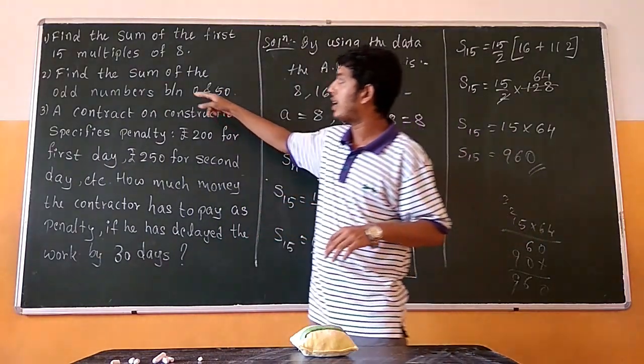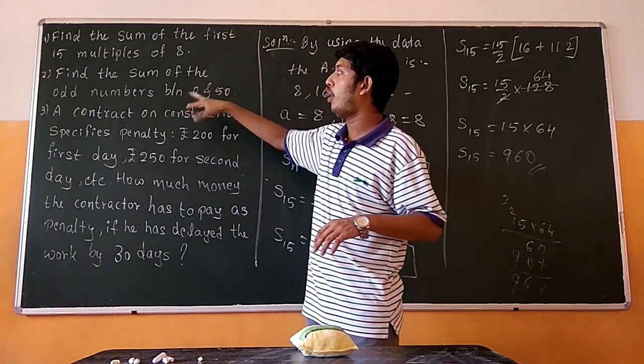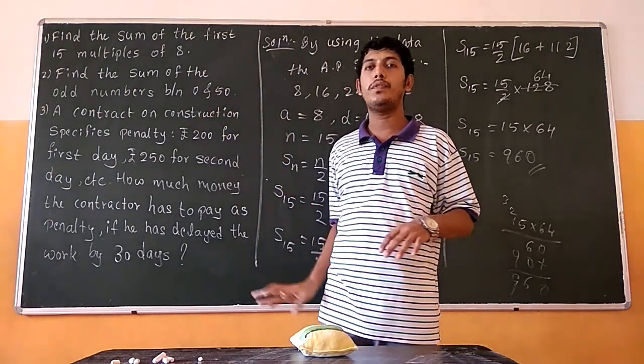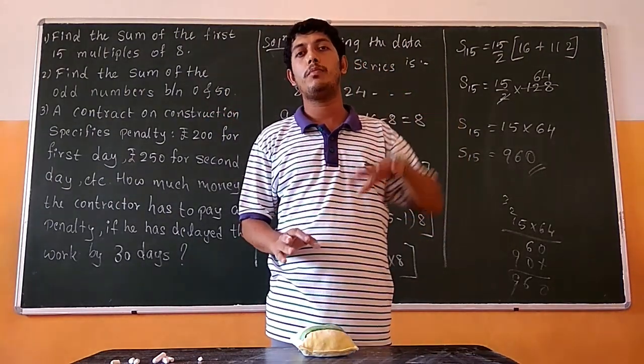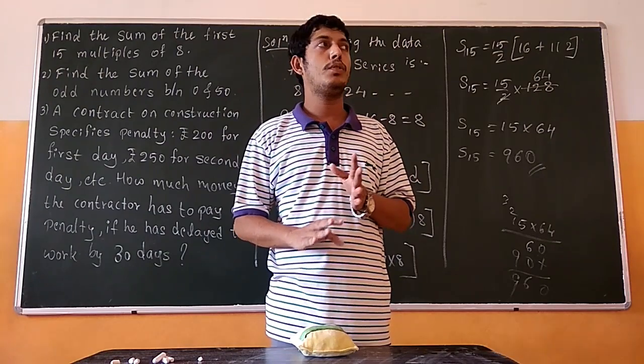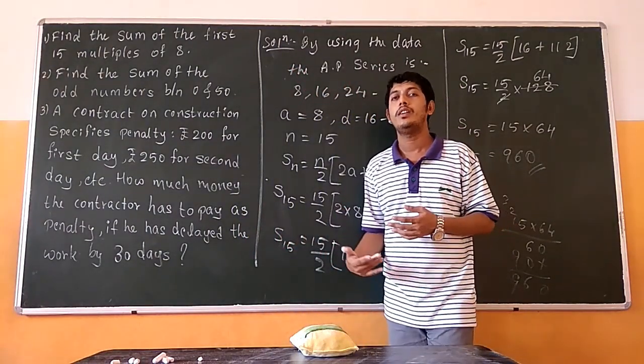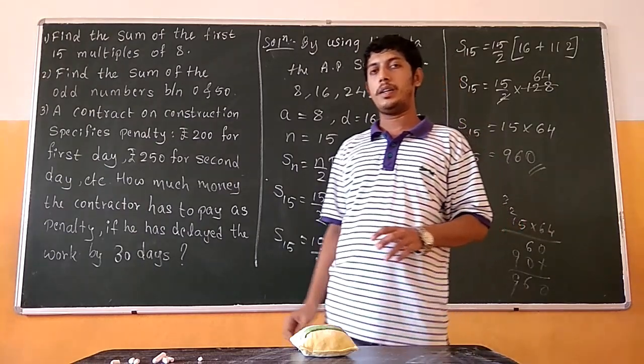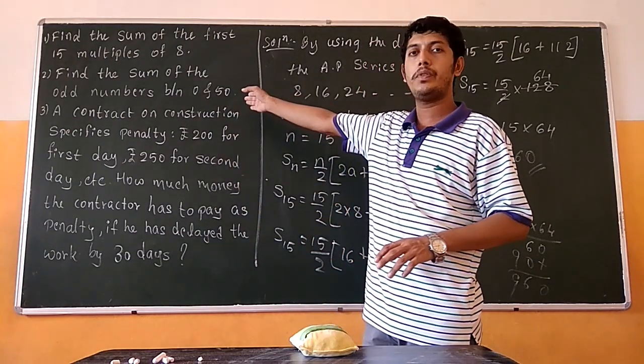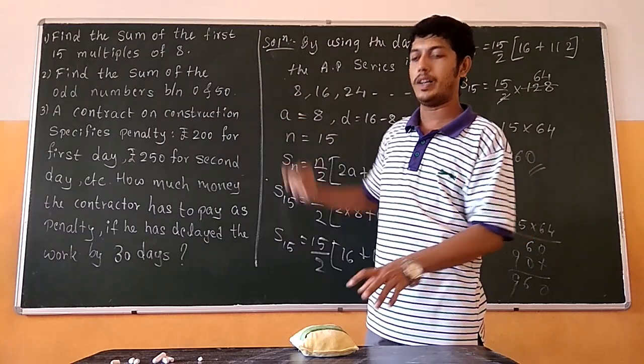If the question were, find the sum of the odd numbers between 1 and 50, that means we have to leave out 1, because between 1 and 50 does not include 1. So our arithmetic progression would start from the number 3. Now here we have 0 to 50, therefore we have to start from 1.